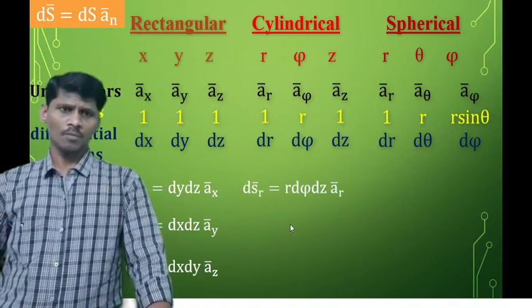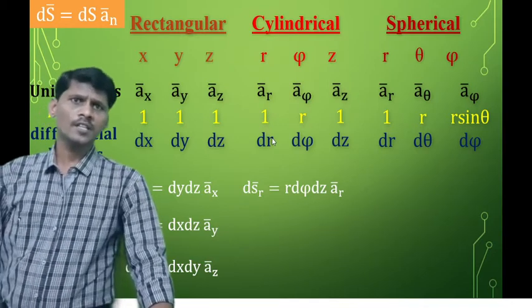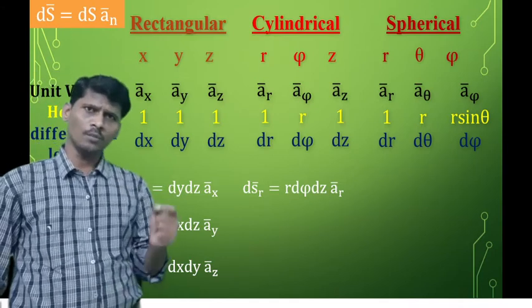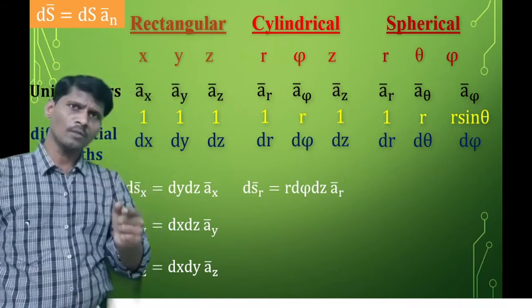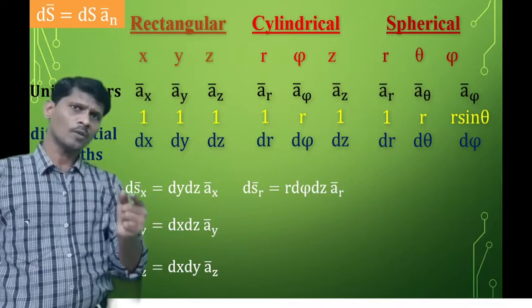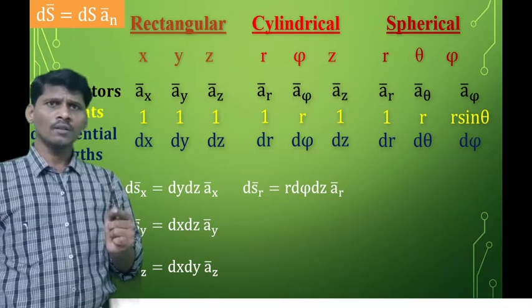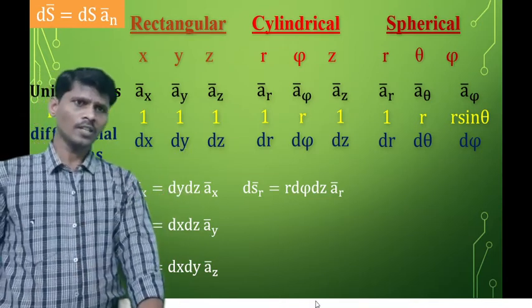Now calculate dSr bar, the differential vector surface area normal to r direction. Because of that, consider the ar bar column elements, removing them: 1 dr neglected, and consider the remaining elements.